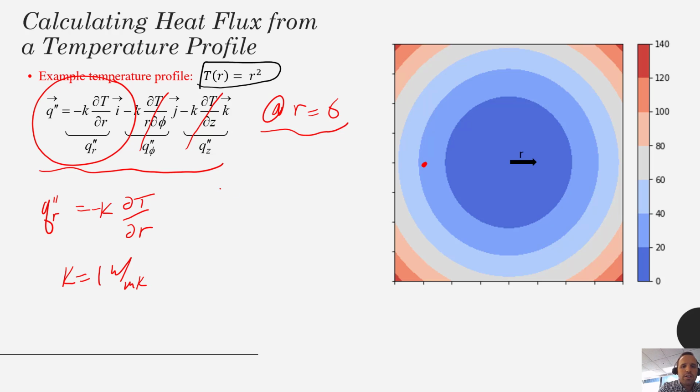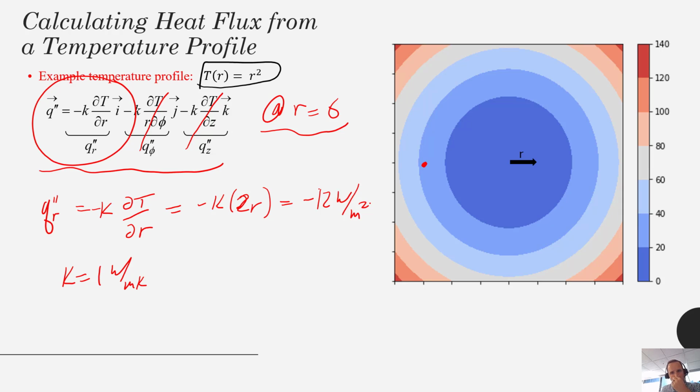Our dT/dr is equal to 2 times r, so we get minus k times 2r. r is equal to 6, so we get minus k times 12. So we end up with a heat flux of minus 12 watts per meter squared.